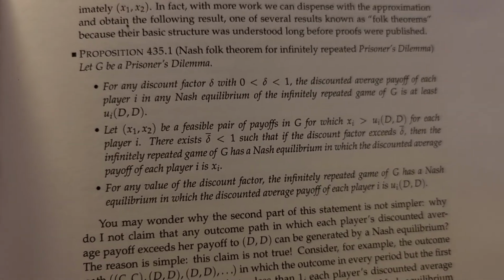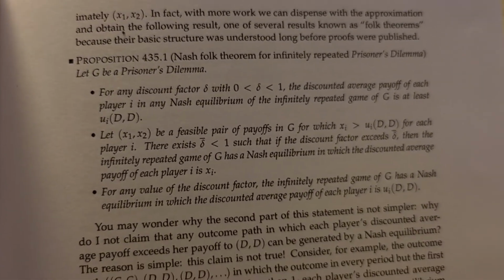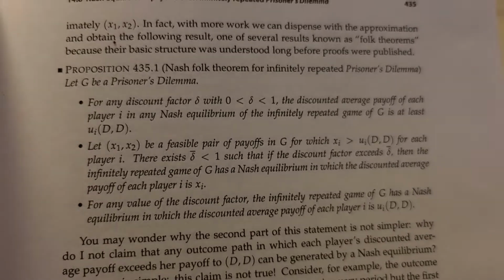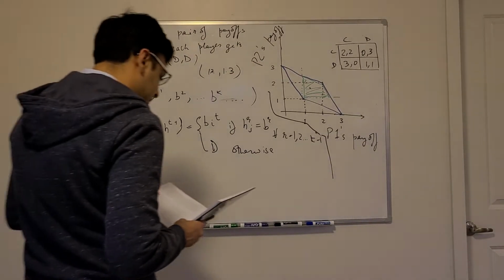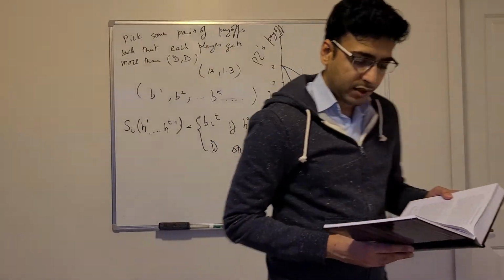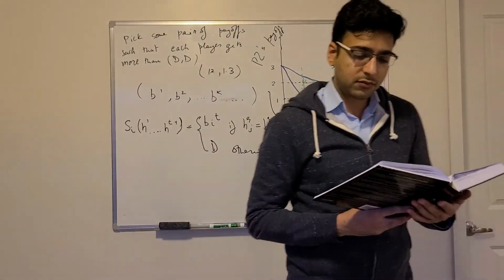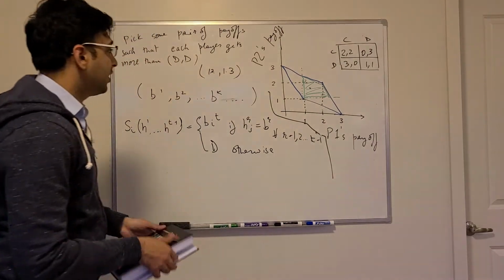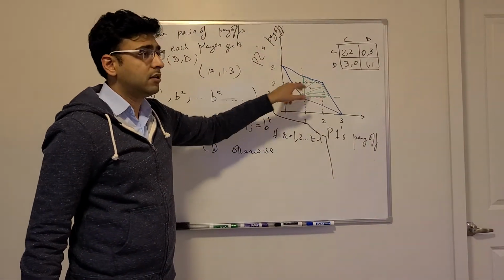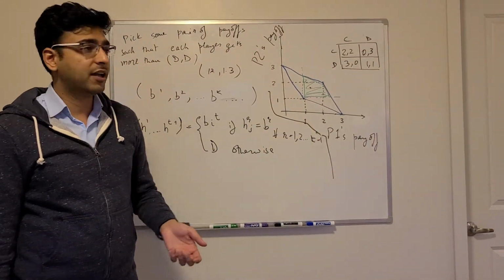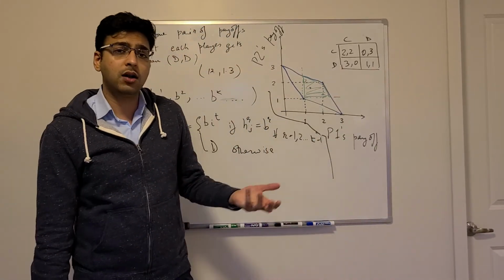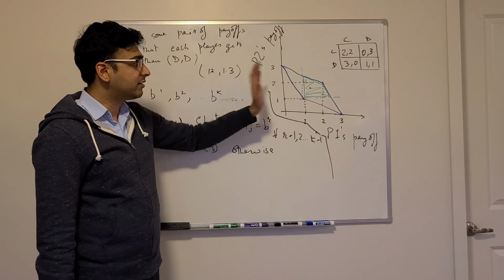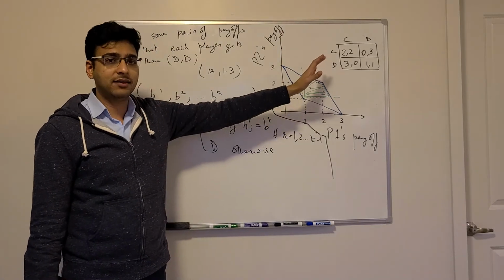It's on page 435, and what it says is three things. One is, for every discount factor, any Nash equilibrium that we sustain here has to offer both players at least what they would earn from deviating forever. So at least 1 and 1. So whatever we sustain has to be at least that.